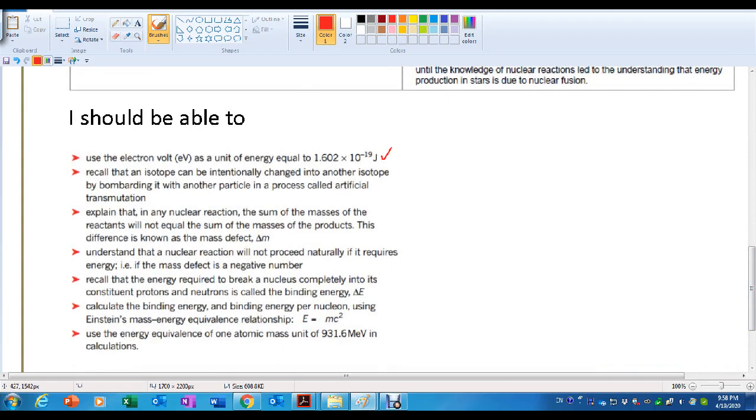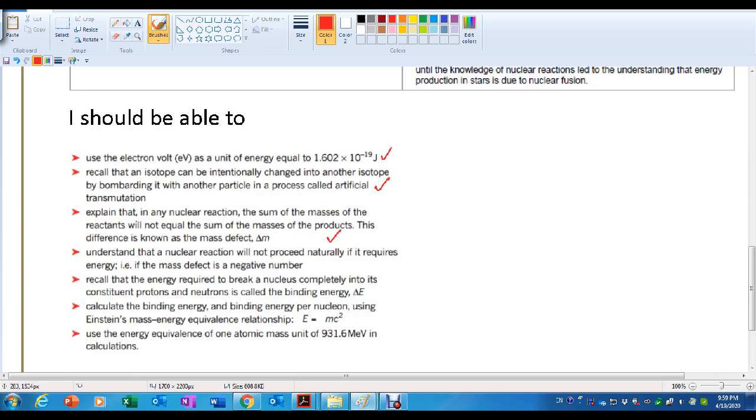Recall that an isotope can be intentionally changed to another isotope by bombarding it with another particle in a process called artificial transmutation. Explain that in any nuclear reaction, the sum of masses of reactants will not equal the sum of masses of the products, the mass difference.